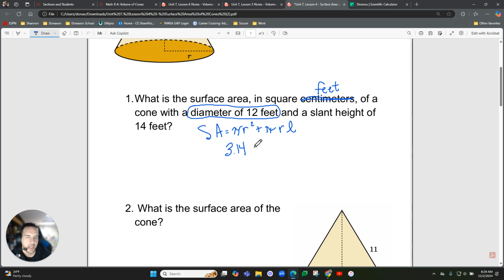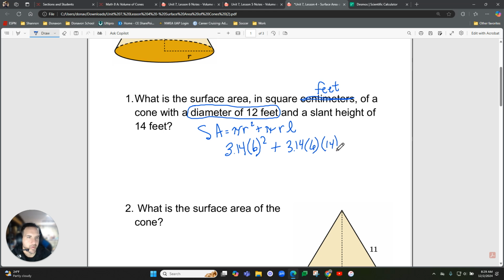So in this case, 3.14 times 6 squared plus, so the radius is 6 because 6 is half of 12, and then plus pi, so 3.14 times the radius, which is again 6, and then the slant height is 14.